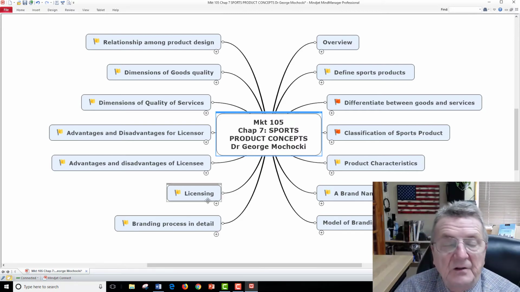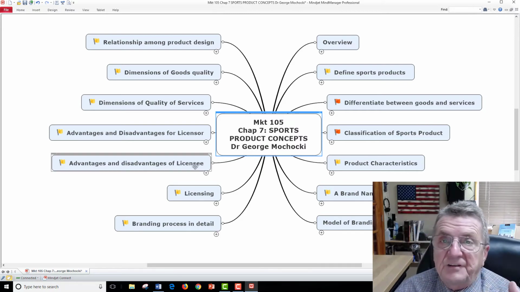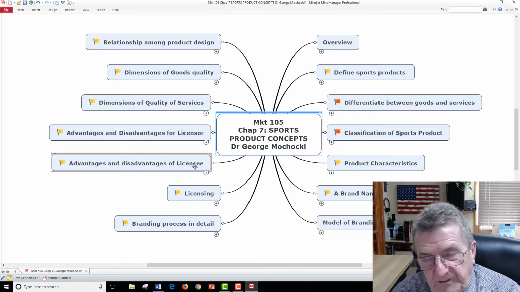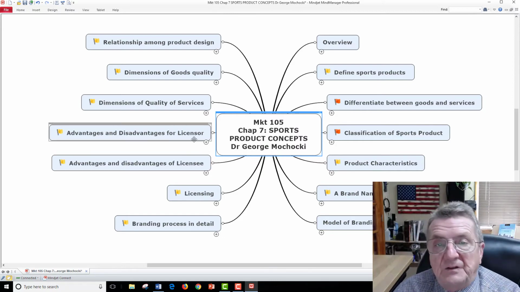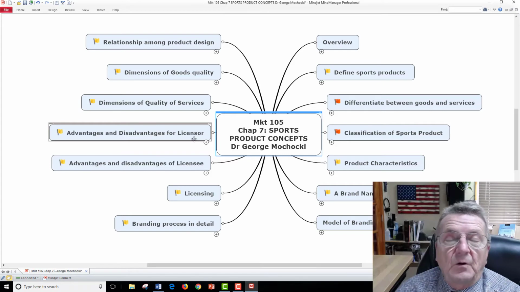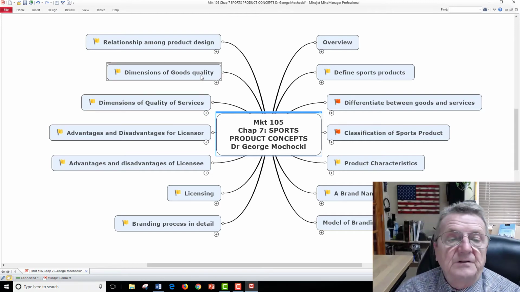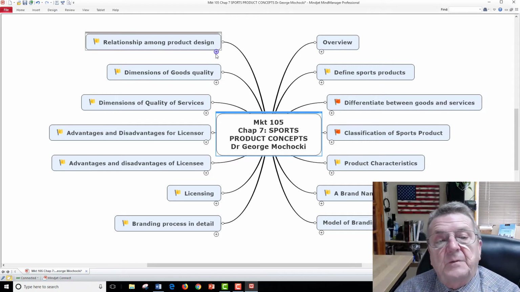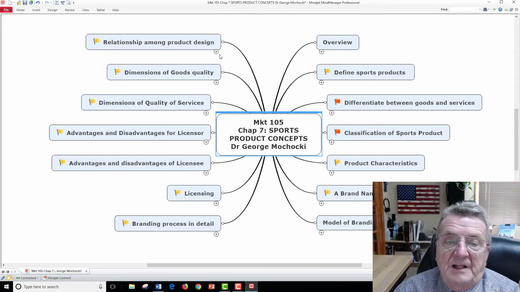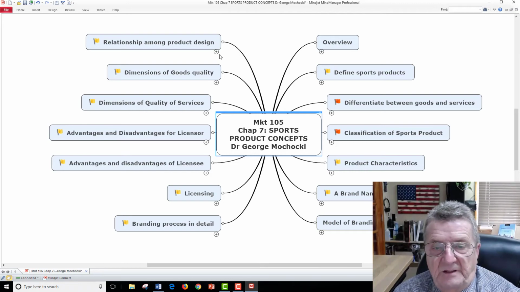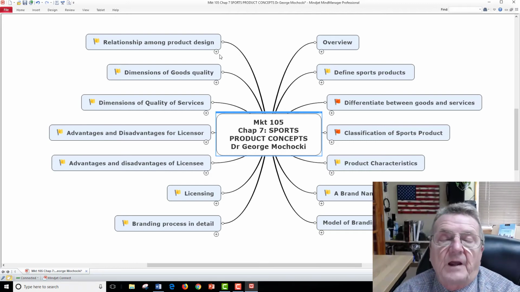Branding and process and detail. License agreement, again: the licensee is the one paying the royalties. The licensor is the one who's receiving the royalties, but they always have to protect the brand, because if the brand is tarnished, the licensee is going to drop them also. All right, dimension quality of services and dimension quality of goods, and then the relationship among products and designs with technology as its front runner, for lack of better words.